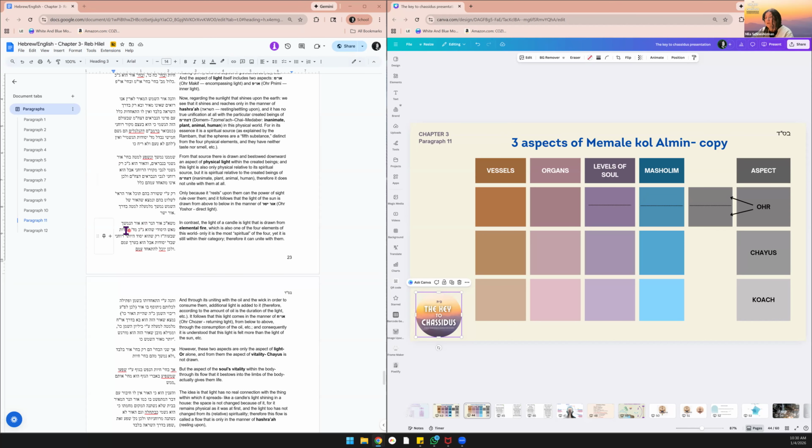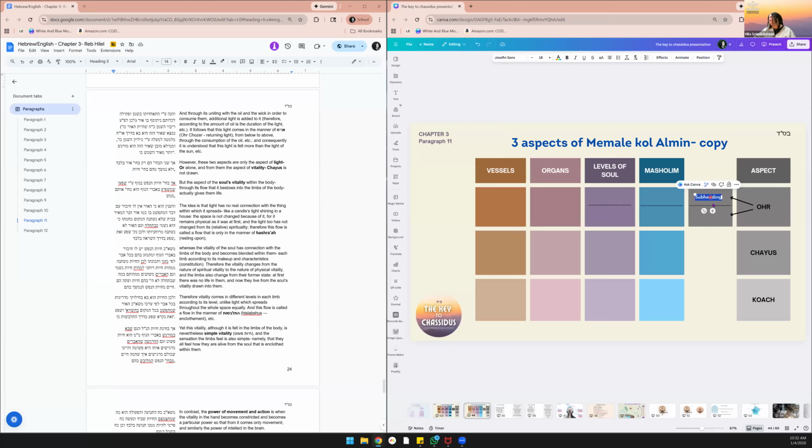Wouldn't it make sense to complete at least part of this table, up to what we've done now, so that we don't forget it, because now it's going into chayos? Yes, we could add that. Just 1 second. Okay, so what do we know here? In light, we have Or Yashar.